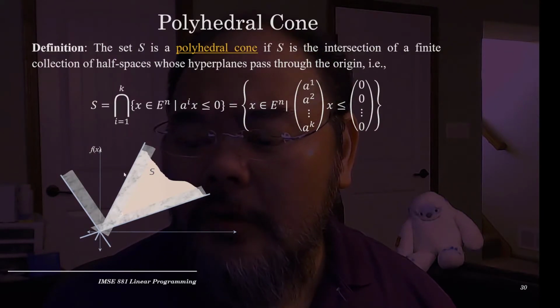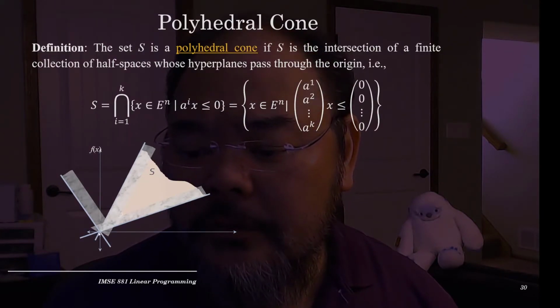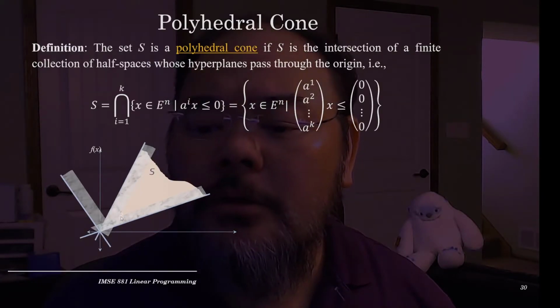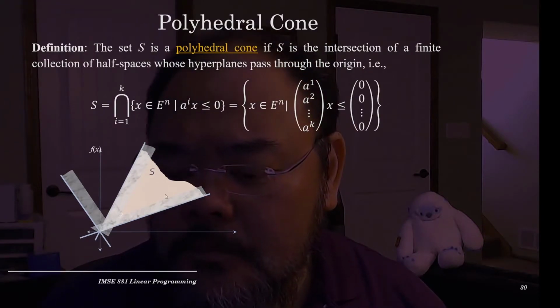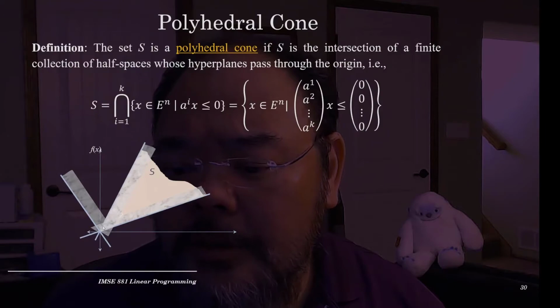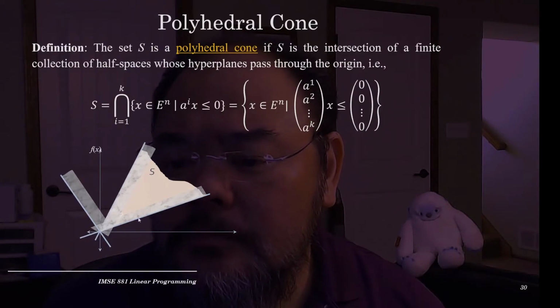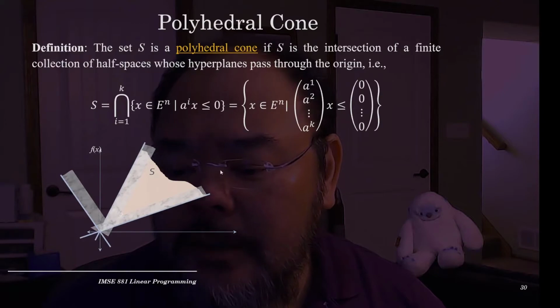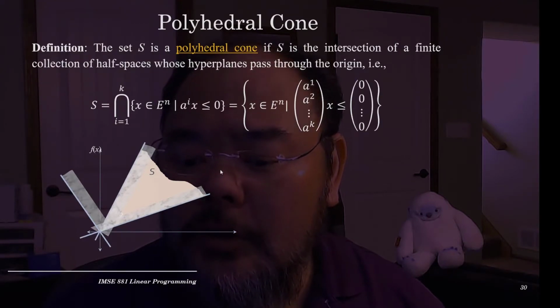So if all these hyperplanes pass through the origin, the intersection of all these half spaces forms a so-called polyhedral cone, which is the pink area I illustrated. And the shadow area represents which part of the half space on this supporting hyperplane defines this polyhedral cone.